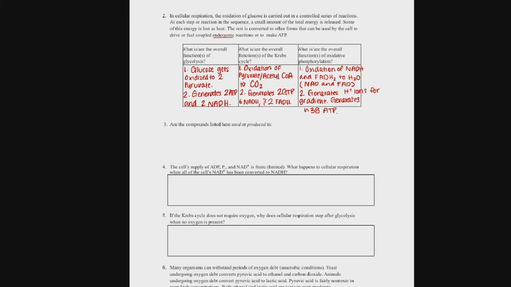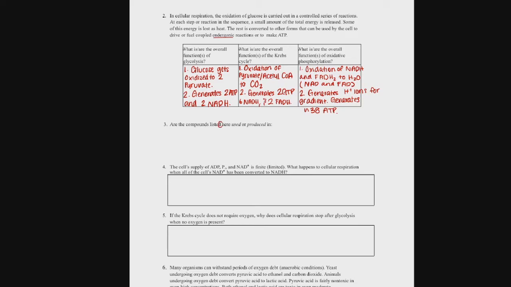So this number 3 kind of has a typo. There was supposed to be a chart here, but I'll go through it with you a little bit. So what it's asking is, it's going through products and reactants and asking whether it's used or produced in either glycolysis, the Krebs cycle, or oxidative phosphorylation.